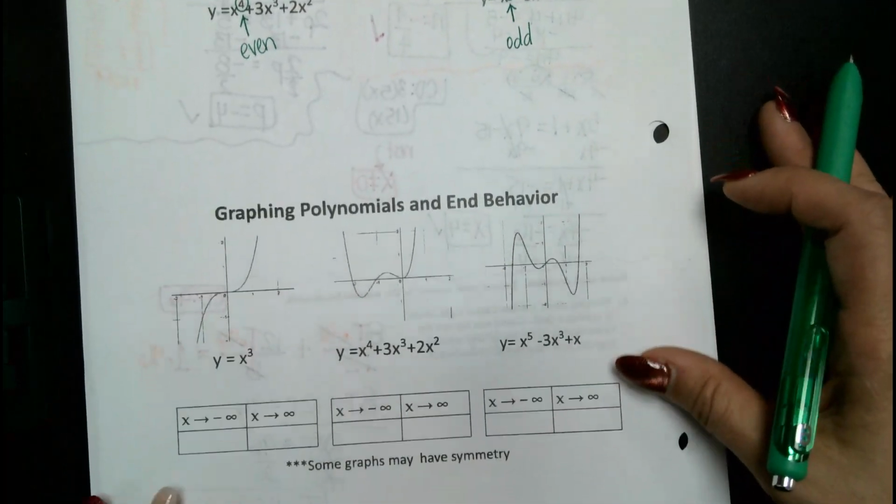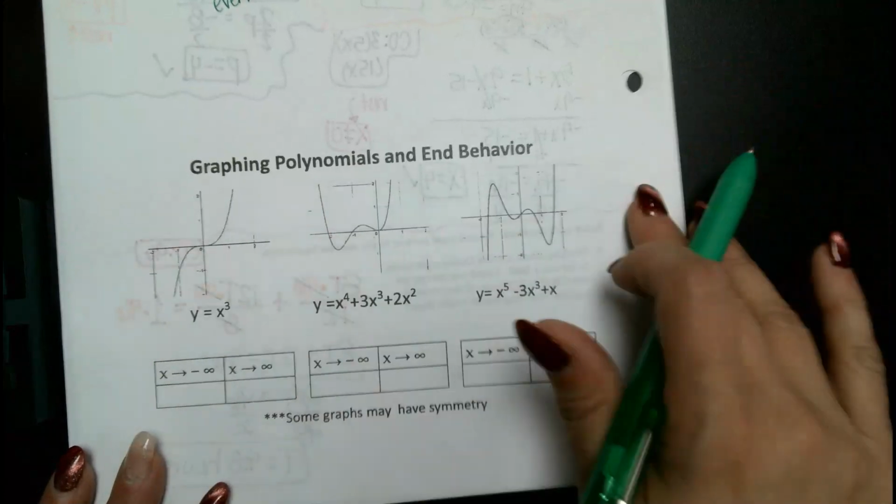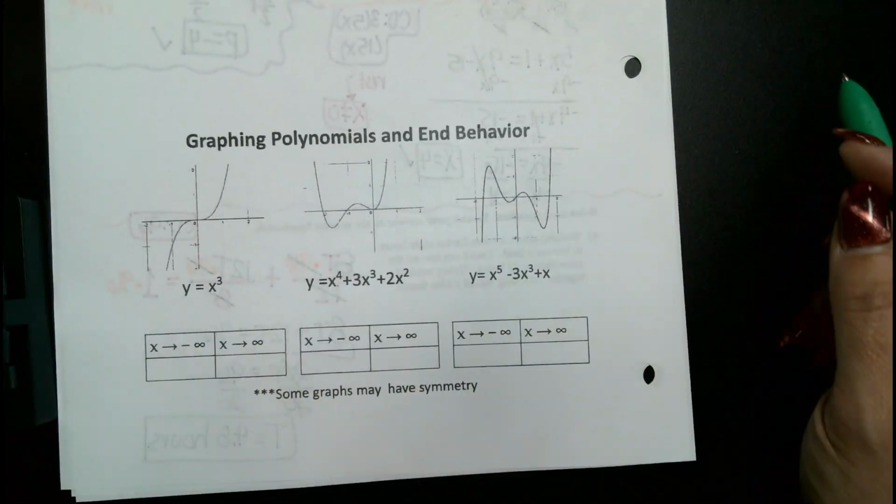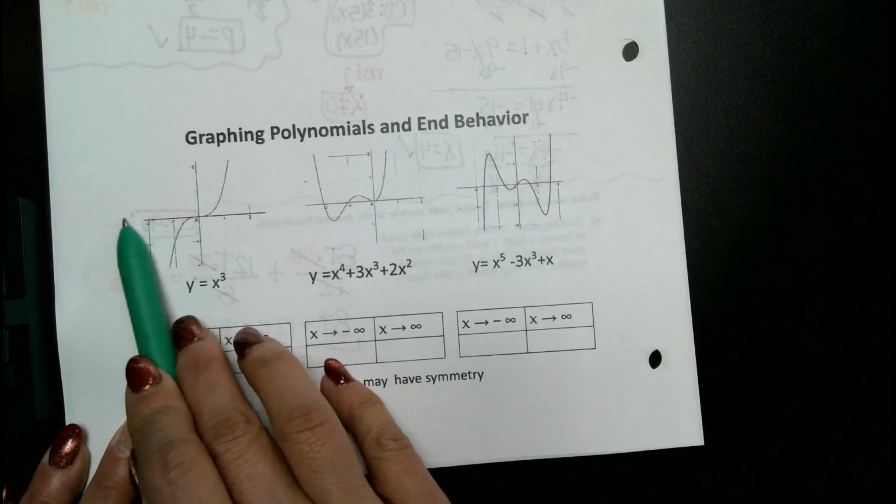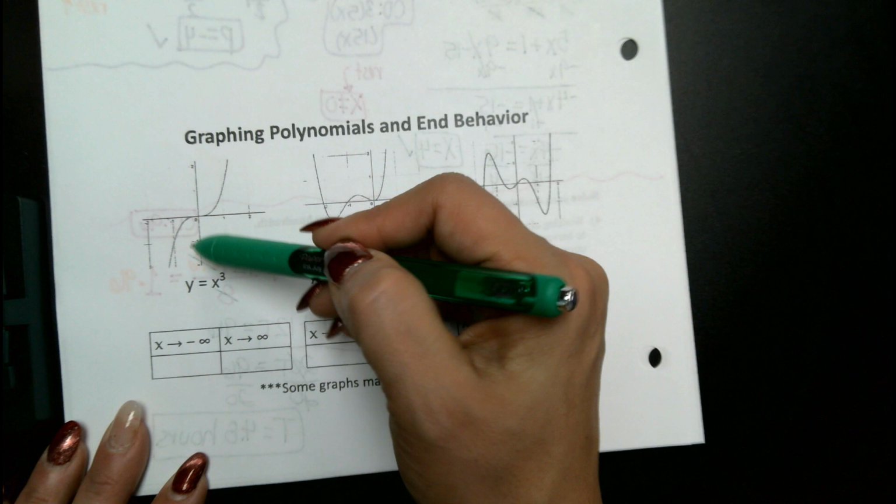As you look down here at the bottom, we've got 3 graphs with their equations. We're going to talk about what's happening as x goes to the left, the further to the left, what's happening to the y. It's going down.